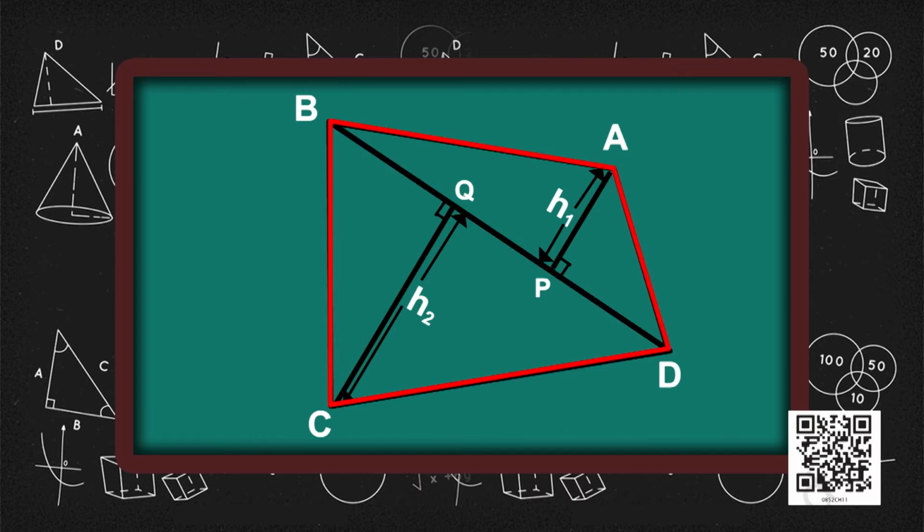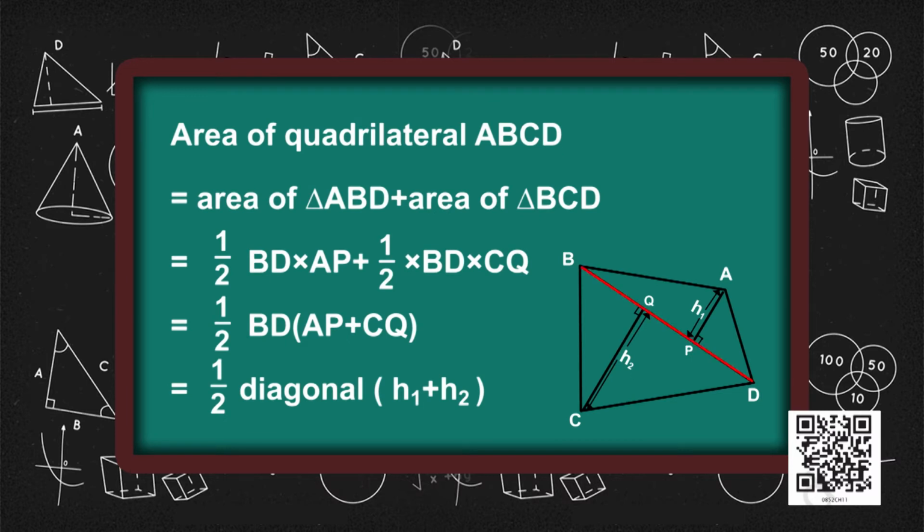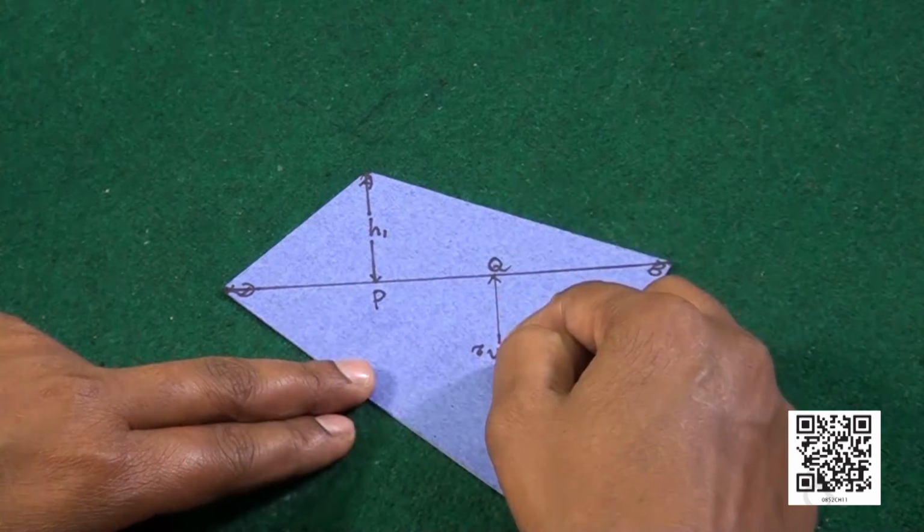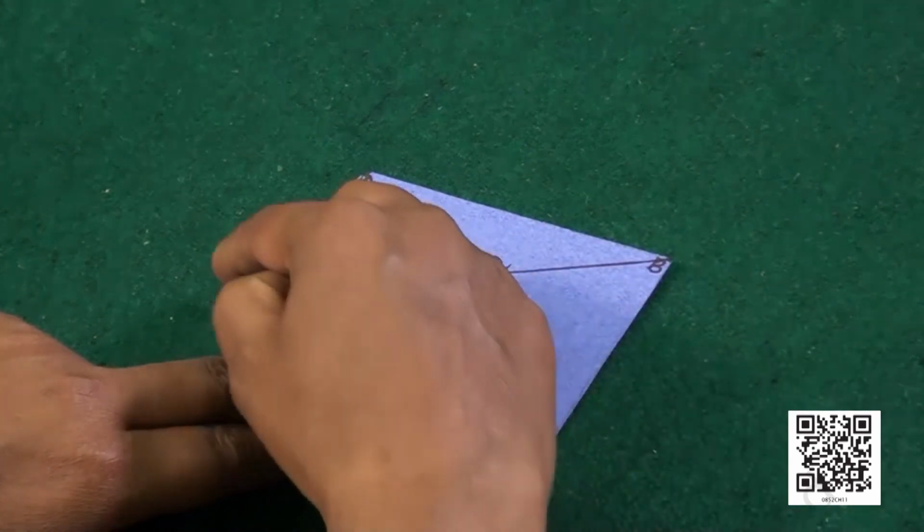So, the area of quadrilateral ABCD is equal to half into BD into AP plus half into BD into CQ, which is equal to half into BD into (AP plus CQ), which is equal to half into diagonal into (H1 plus H2), where H1 and H2 are the heights drawn to the diagonal.